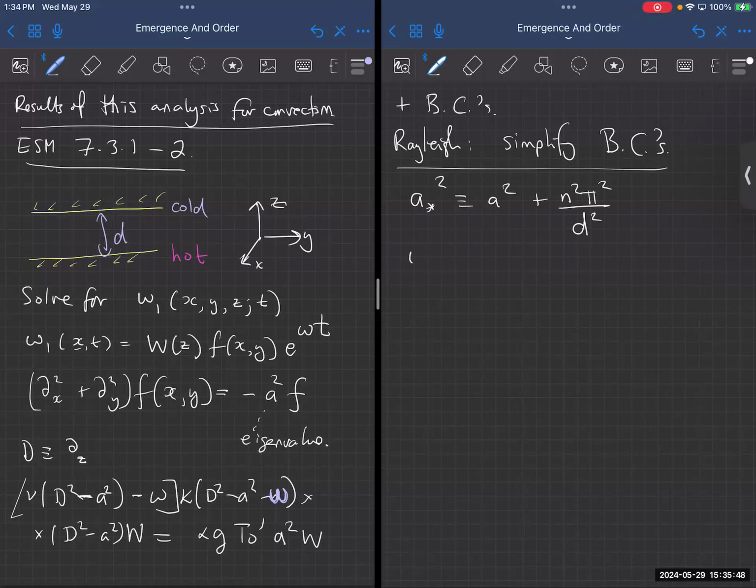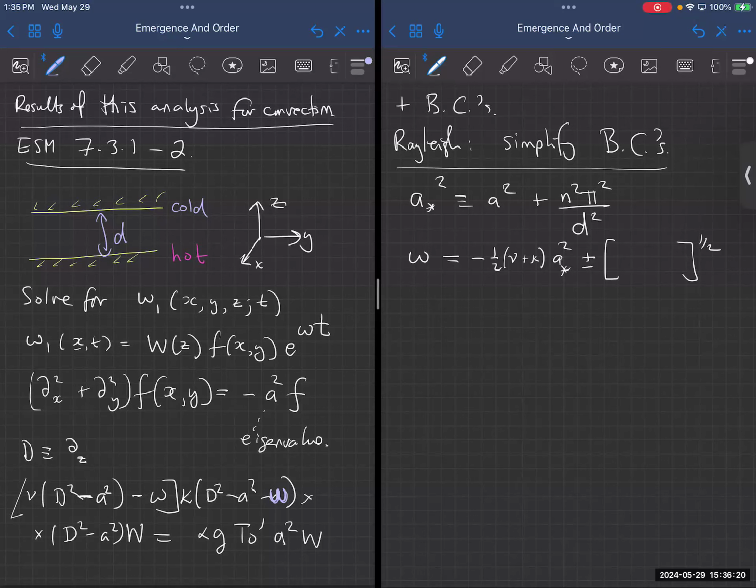The eigenvalues, which is the only thing we really care about, turn out to be minus one half nu plus kappa a star squared, plus or minus the square root of some awful thing to the one half power. It doesn't really matter what it is. Okay, so it's some awful mess.